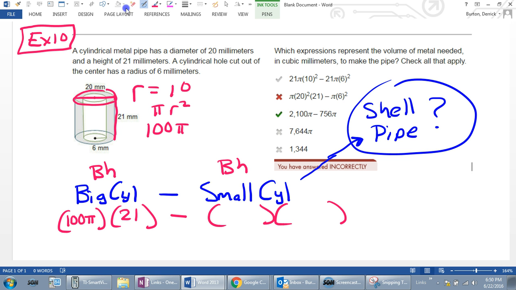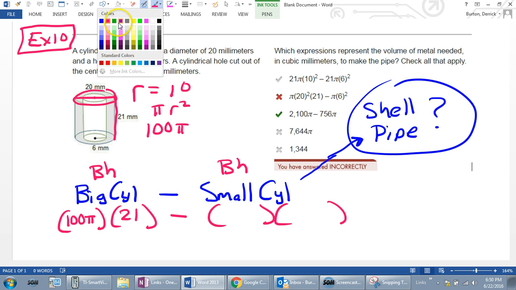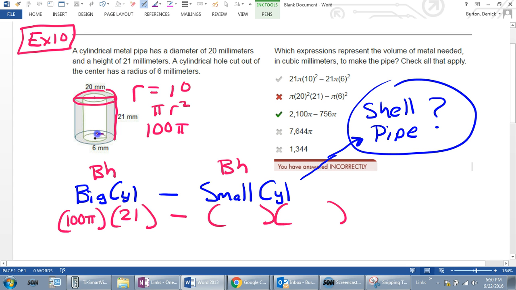Now the small cylinder. The small cylinder has a base that is a circle, but they just plain gave us the radius is 6, just straight out. So again, we're doing pi r squared, so that's 36 pi.